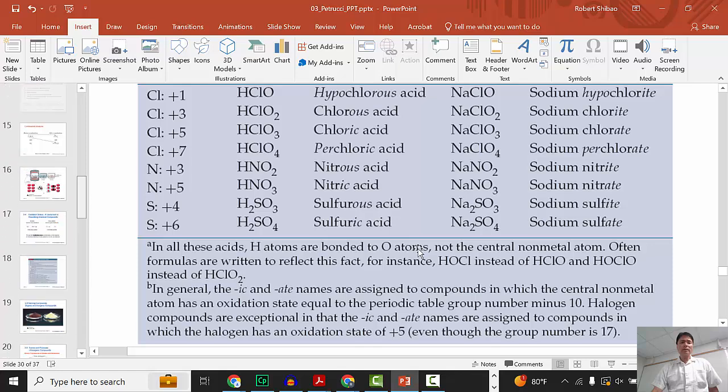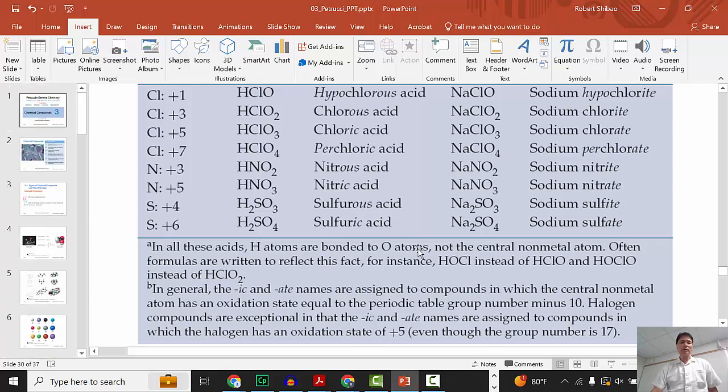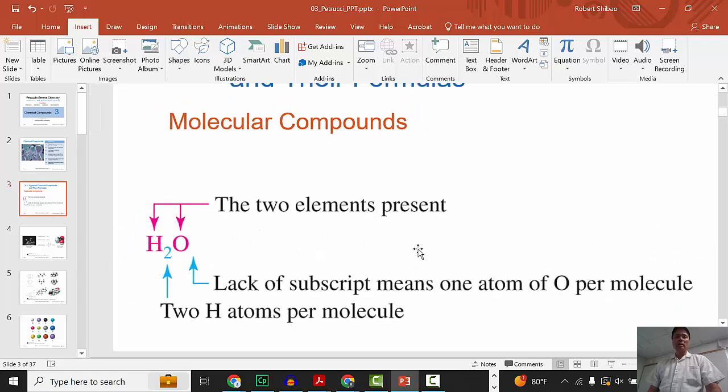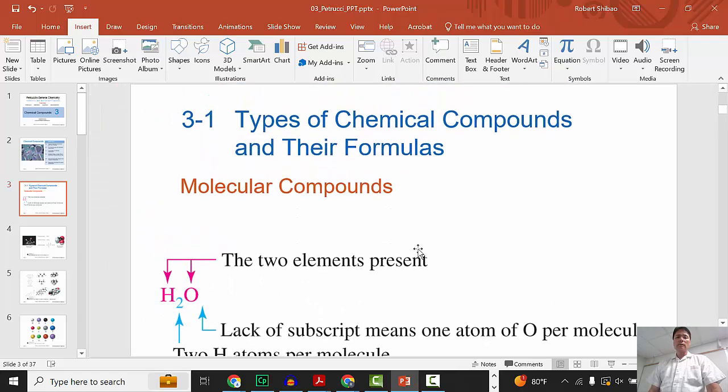And so you'll want to start memorizing those. I'm not going to quite finish chapter 3 today. So I just want to go back to the beginning of chapter 3 and let's take a look at identifying types of compounds. There's one more thing I'm going to have you memorize.